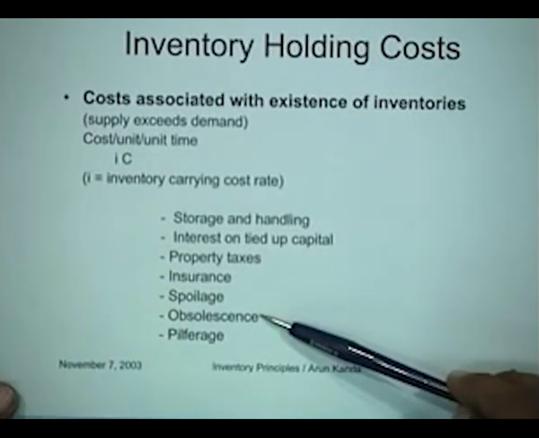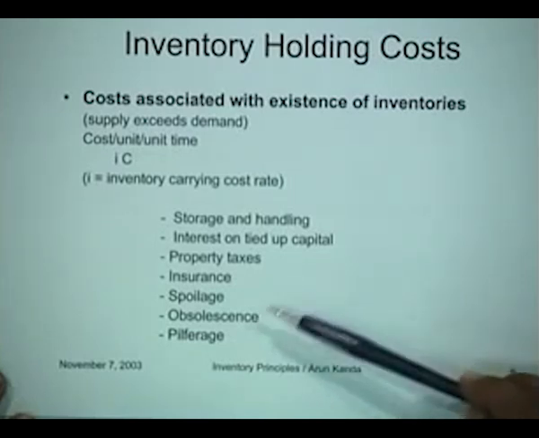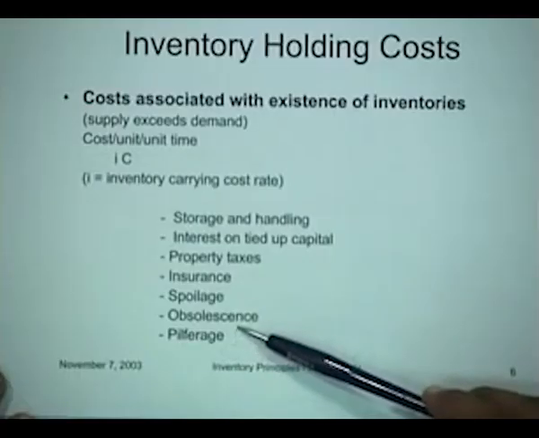If there is a store which stocks a certain type of item, let us say a shop selling cell phones, the obsolescence rate in such items is pretty high. All the older models would become obsolete very soon, and these obsolescence costs could be carried over to inventory holding costs.